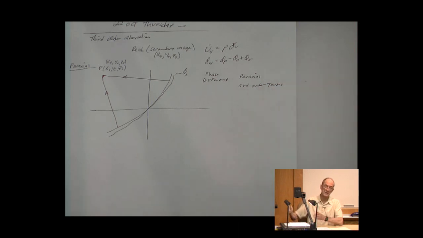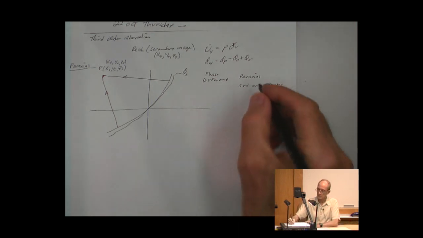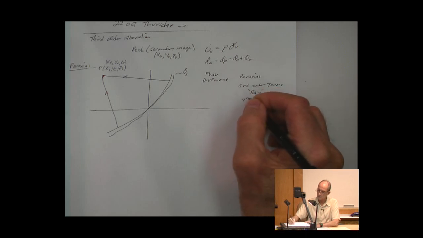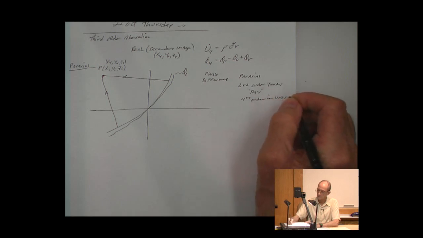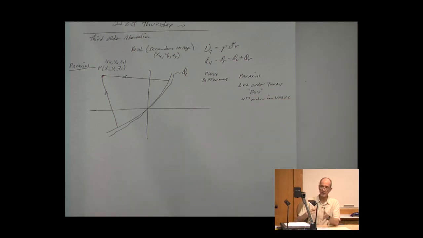But as we'll actually see, they're third order in ray terms, but they're actually fourth order in wave. Because in order to get the ray direction, we take the derivative of the phase front.